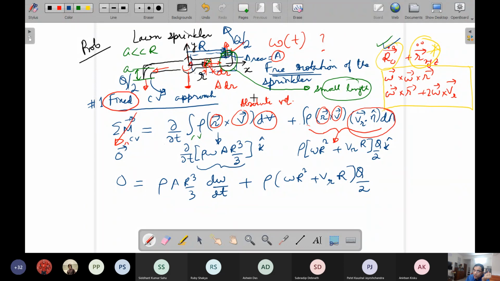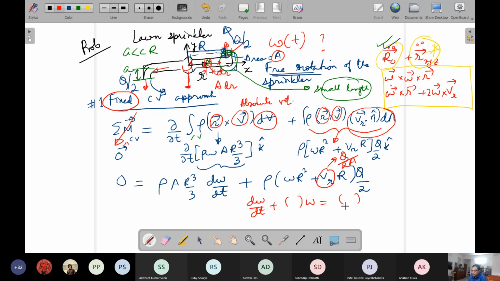And you have to remember what Vr is. Vr is nothing but Q by 2 divided by the area. So if you know the volume flow rate, you just divide it by the area, you will get the relative velocity. So this is a differential equation of the form d omega dt plus something into omega is equal to something.